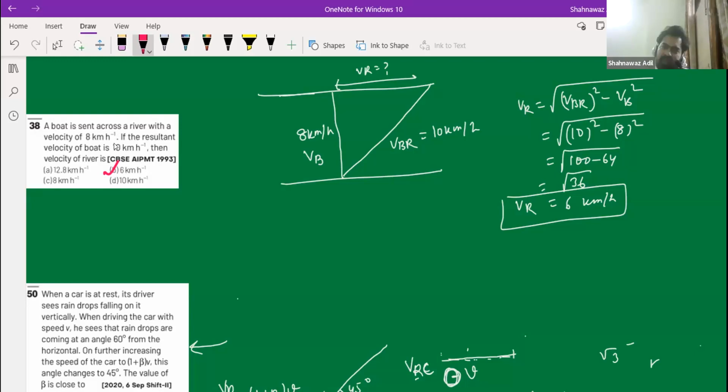So yes, if it is clear, then quickly note this thing down. Yeah, whenever you guys have noted, just join back.